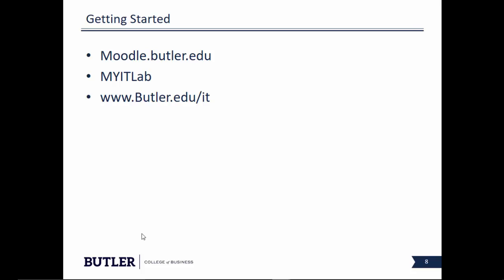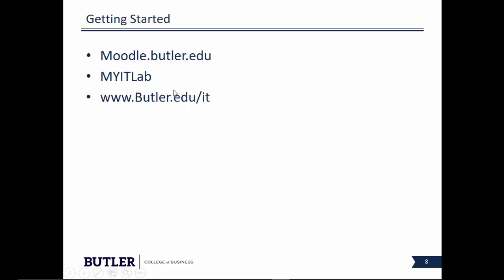So first of all, you want to check out Moodle, okay? Moodle.butler.edu, which I will walk you through in person on our first meeting, but you can check out in advance if you like, has all the course syllabus information, all of your study guides, and how you would gain access to the second part of class, which is My IT Lab.